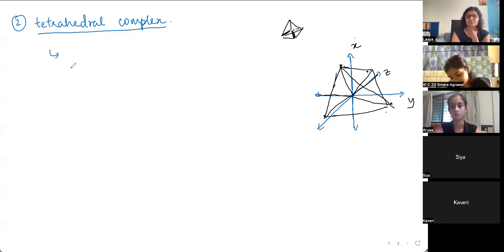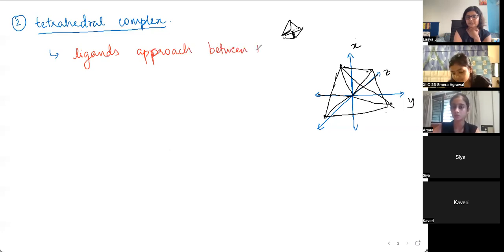Okay. So in the case of a tetrahedral complex, ligands approach in between the axes. So if they're approaching in between the axes, which orbitals will be more affected? Which ones will be less affected?